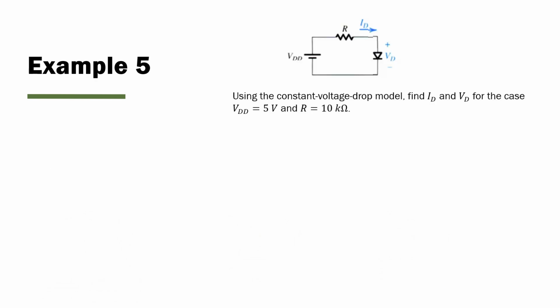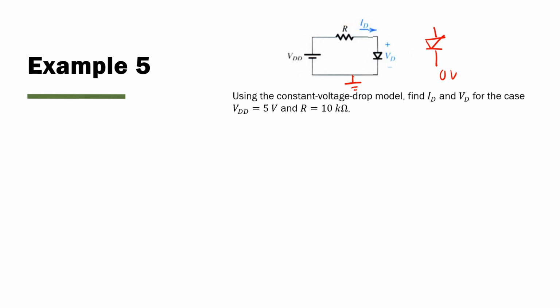Using the constant voltage drop model, find ID and VD for the case VDD equals 5 volts and R equals 10 kilo ohms. So we know that this bottom wire is essentially grounded. So if we observe the diode, we're going from 0 volts at the cathode.